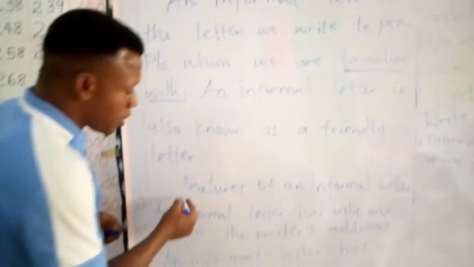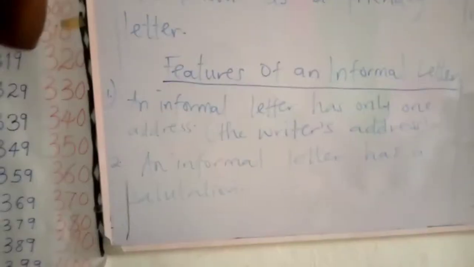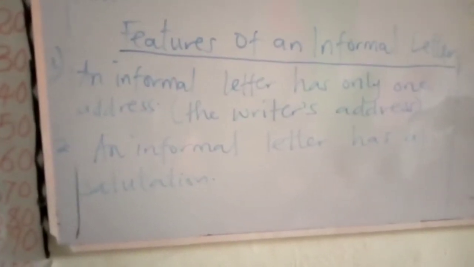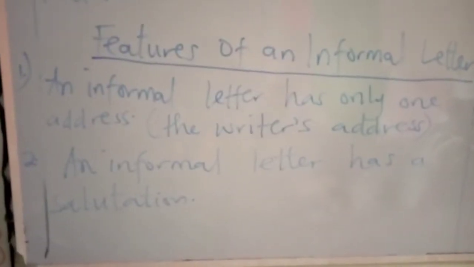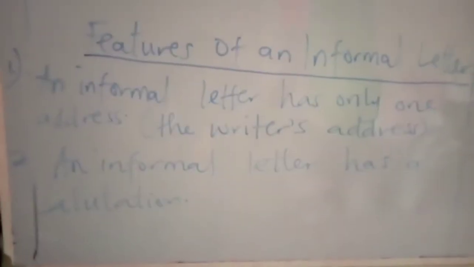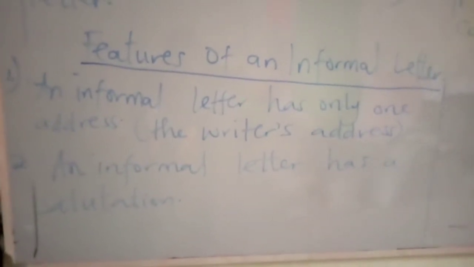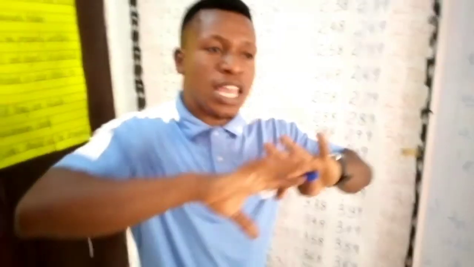Now let's come further here. Let's look at features of an informal letter. What are the features? What are those things you're expected to see, to put in when you're writing an informal letter? These things are what we term features, things that comprise an informal letter.